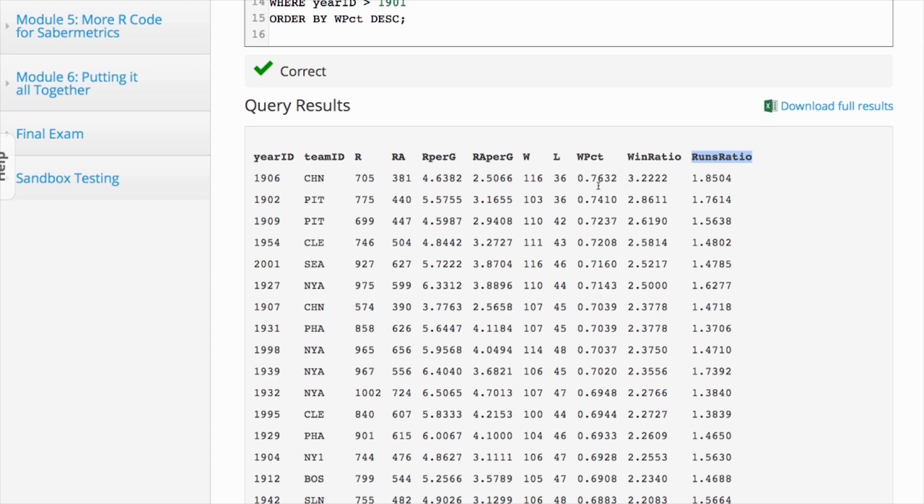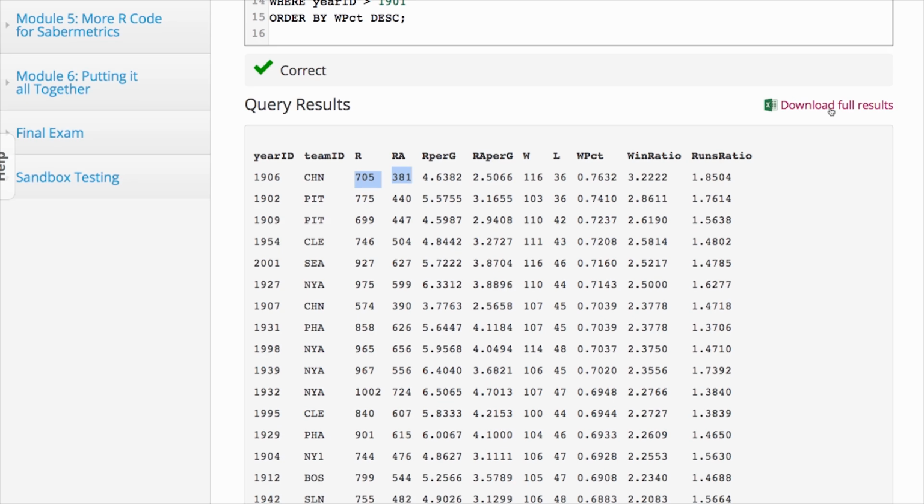Better teams with higher winning percentage should have a ratio over 1 here. Their runs to runs allowed should be more than 1, and you can see that's the case here for all the winning teams. The runs is greater than the runs allowed. So we're going to download these results and move to R Studio to run some code to find the exponent.